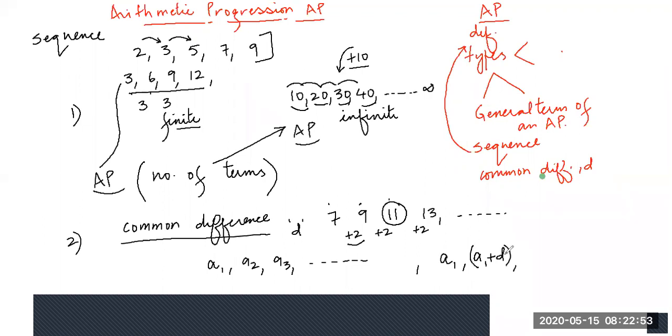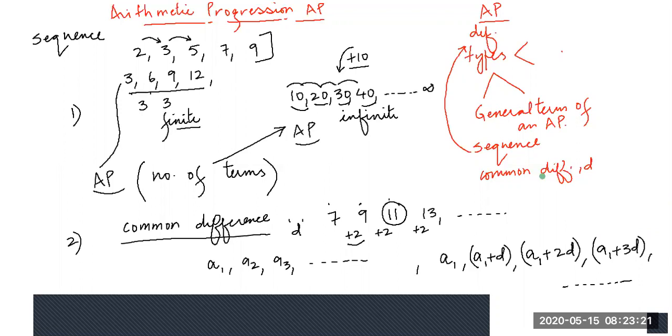If I add D to this term, I get the next term, A1 plus 2D. All right, guys. The next term, if I add D to this, will be A1 plus 3D. If it is finite, it has 4 terms here; if it is infinite, just extend till infinity. So this is basically the concept of common difference.